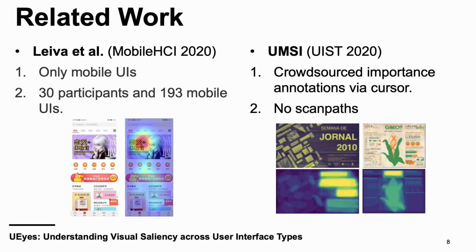To address this limitation, we collected a larger UI saliency dataset including 62 participants and 1,980 UIs from 4 different UI types. Another highly relevant prior research is Houssel, which proposed a crowdsourced saliency dataset and a predictive model of saliency importance trained on images from different design classes.